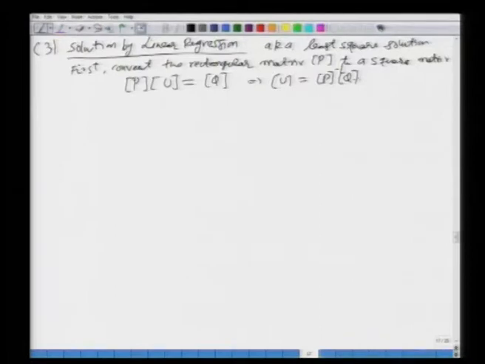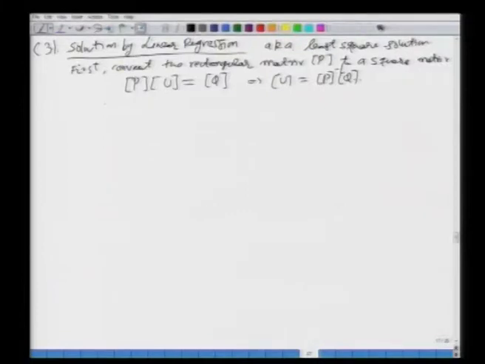You can directly do that, but P is a rectangular matrix, so it is not possible to invert a rectangular matrix. So, let us first convert it into a square matrix. How do you do that? Multiply that matrix by the transpose of it.